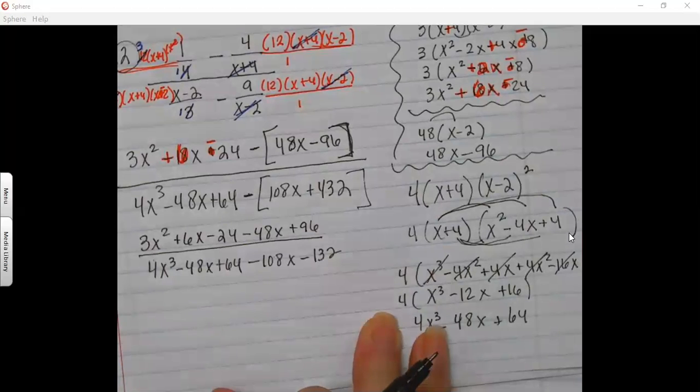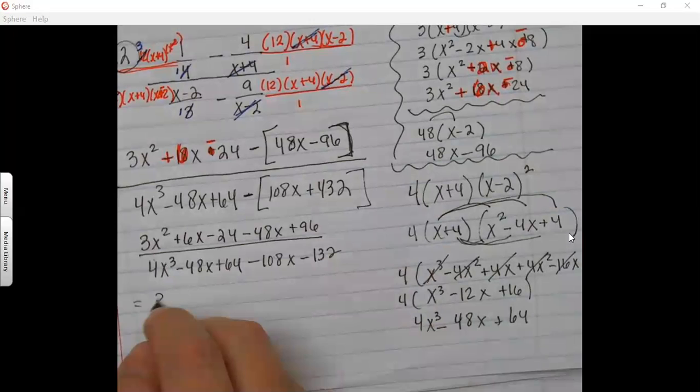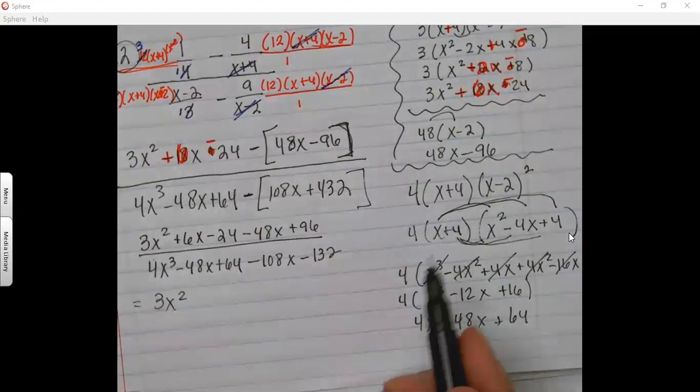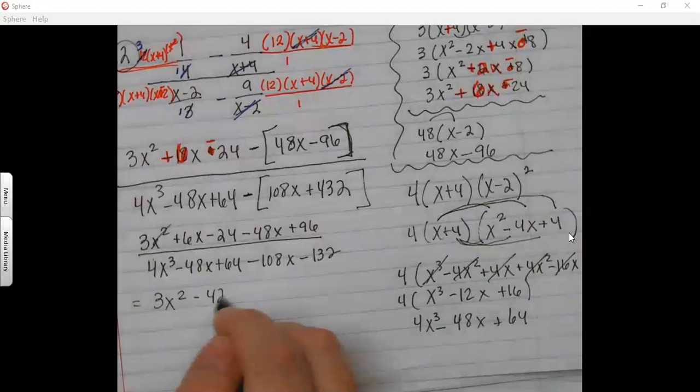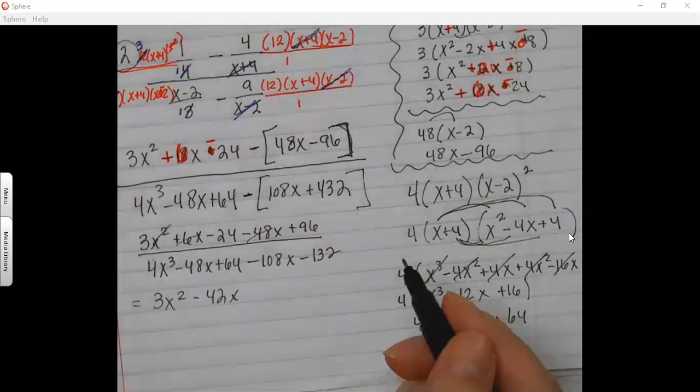In my numerator, I'll combine like terms. So I get 3x squared minus 42x plus 72.